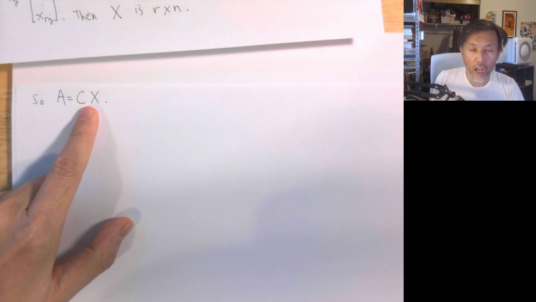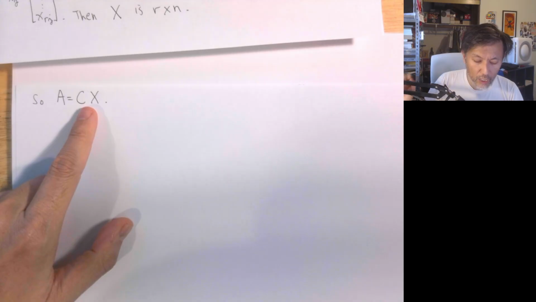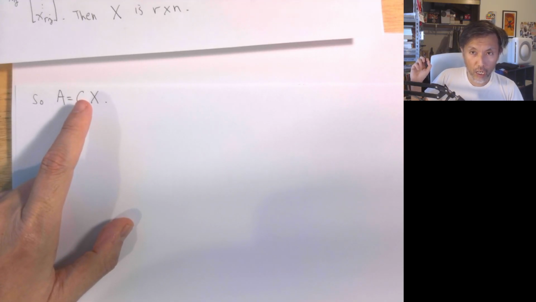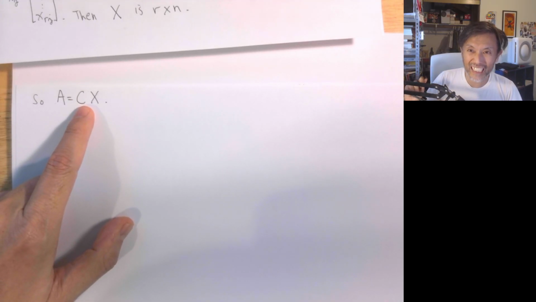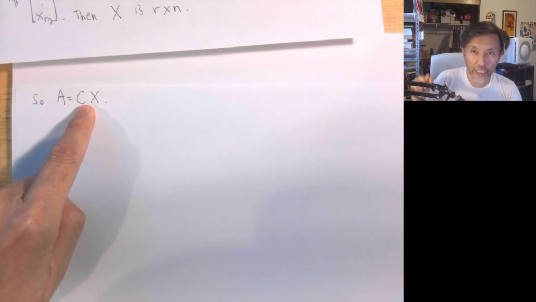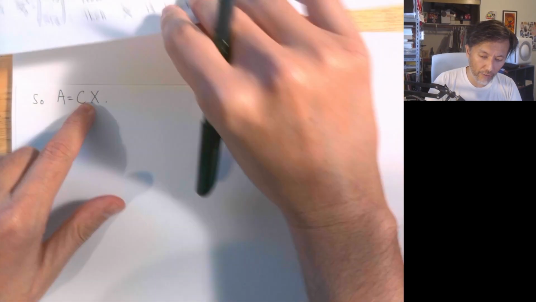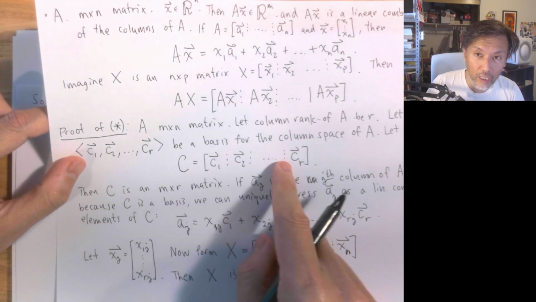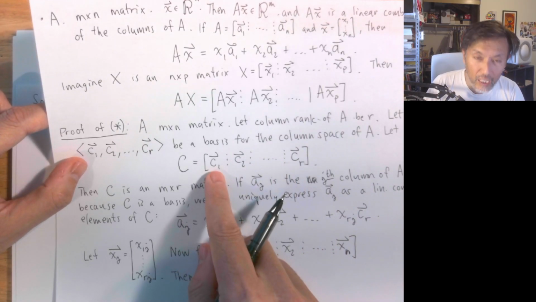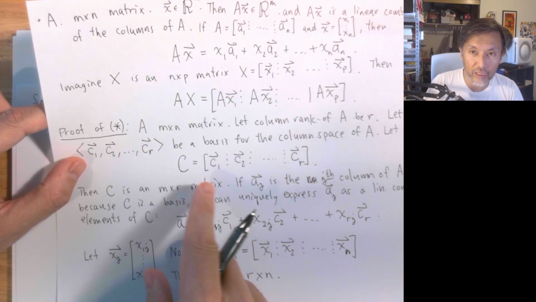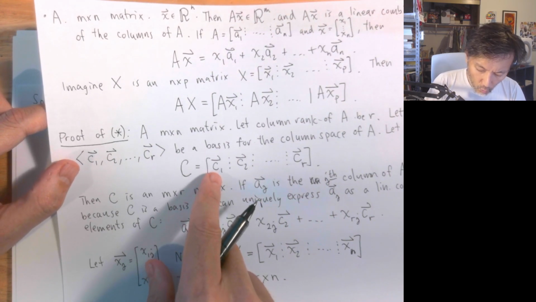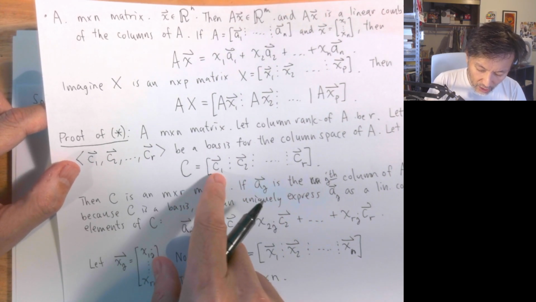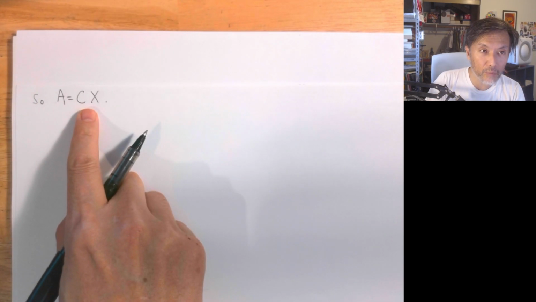So each column of CX is a linear combination of the columns of C, but the columns of C are the basis elements. And what linear combination do we get for each of the columns here?